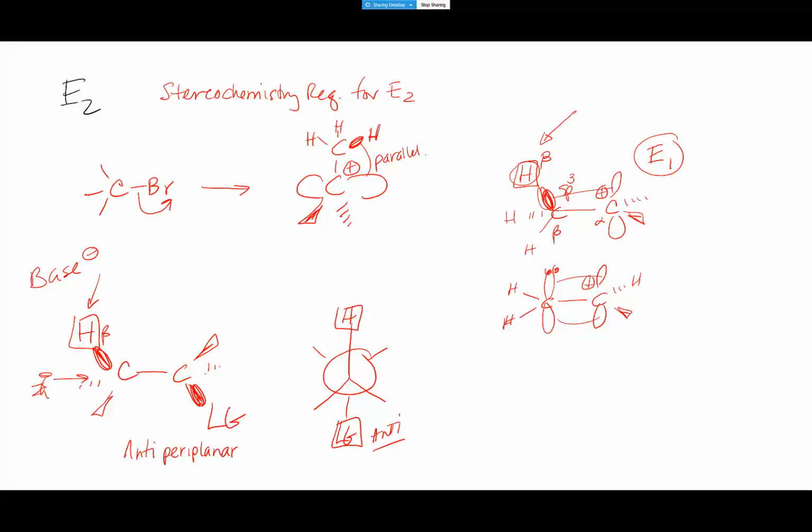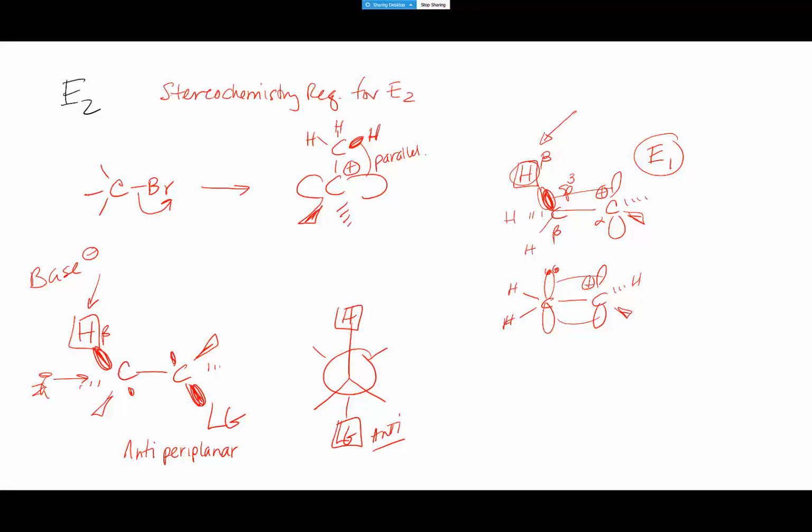So the way this works is, again, remember our sp3 hybrid orbitals, they have a big lobe and a little lobe. So they look like that, which I just colored in. What's going to happen is, as you lose the H plus and the leaving group, those orbitals are going to move to become p orbitals. So they're going to slide up. And not only do they slide up to become parallel to each other, but this lobe and the tiny lobe here begin to even out.